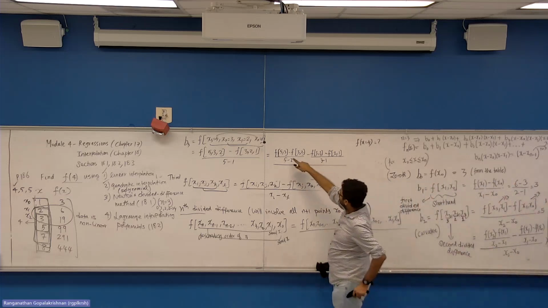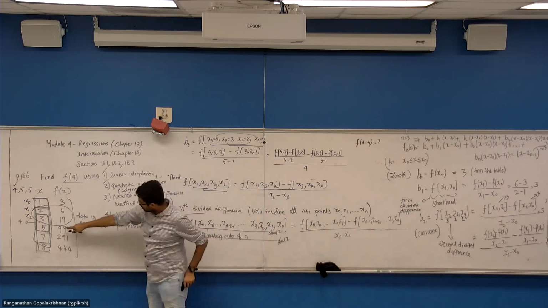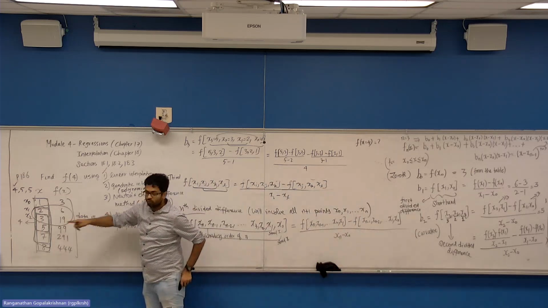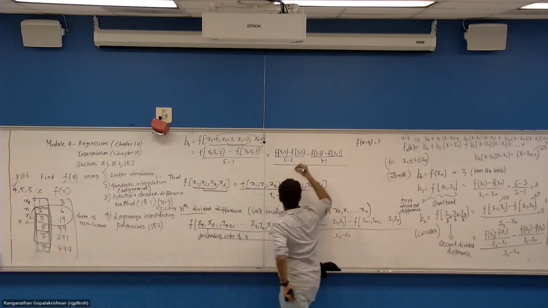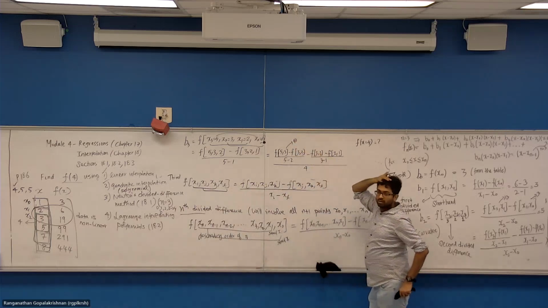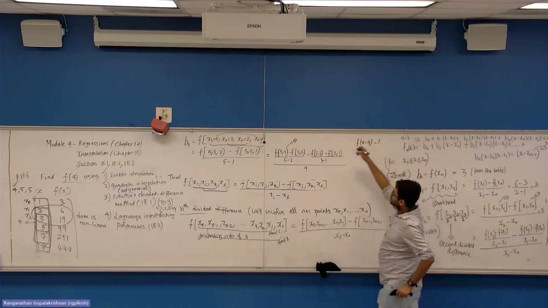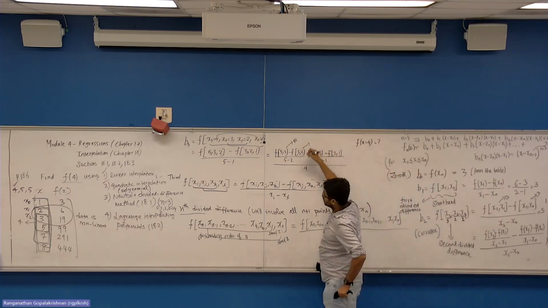What is the slope between 5 and 3? 80 divided by 2, 40 units. This is 40 units. Would you agree with me? Yeah. So I'm going to just write the slope and you can agree or disagree with me.